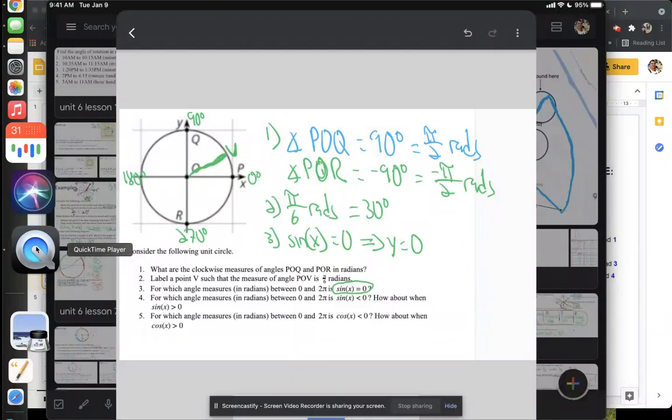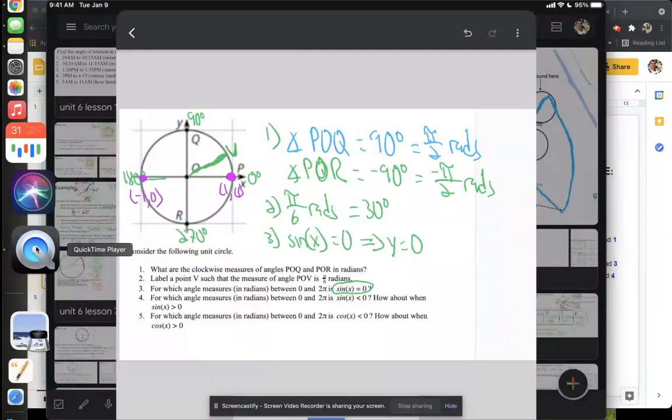So where is y equal to 0? Y is equal to 0 on the x-axis. It's going to be this one right here and this one right here. Okay, because this coordinate is (1, 0), and this coordinate is (negative 1, 0). They both have y values of 0.